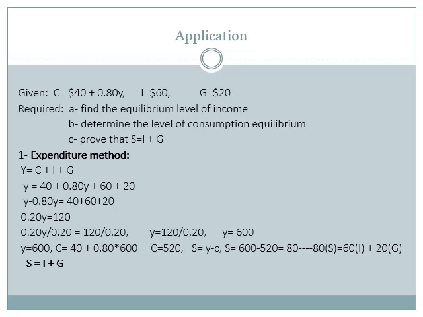Then S equals I plus G. So we answered the three questions. We found Y equals 600, C equals 520, and we proved that S equals I plus G, because S equals 80, I equals 60, and G equals 20.